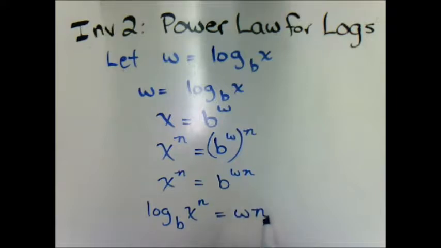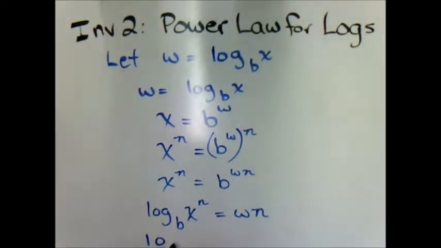So wn is the exponent that I need to raise my base to in order to come up with the value x to the power of n. That's exactly what we have here. Well, let's substitute w equals log of x to the base b to eliminate the w, okay?